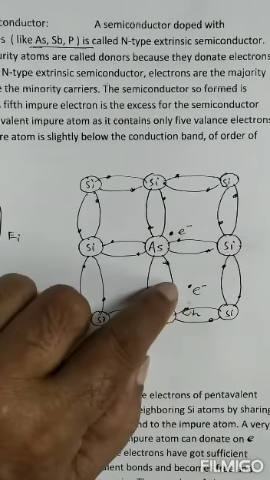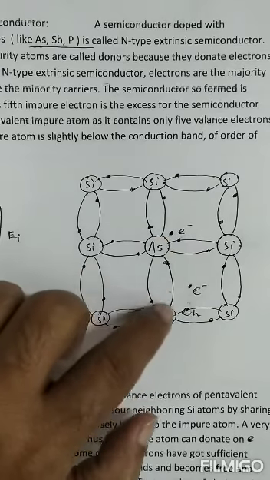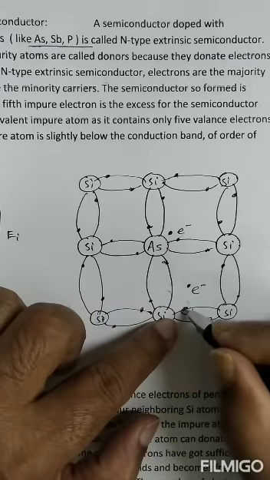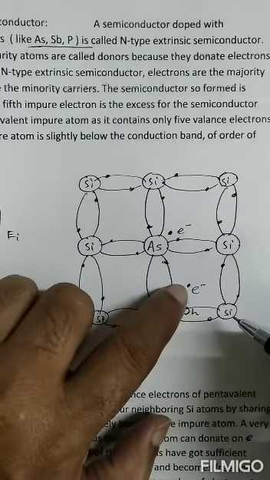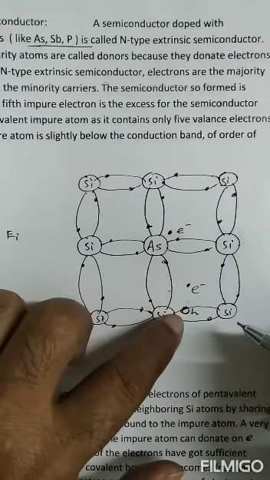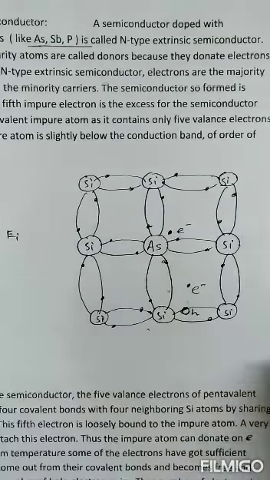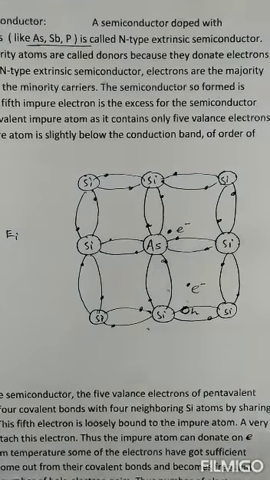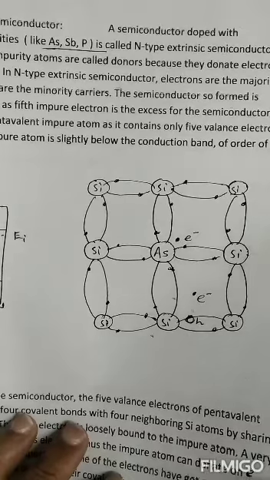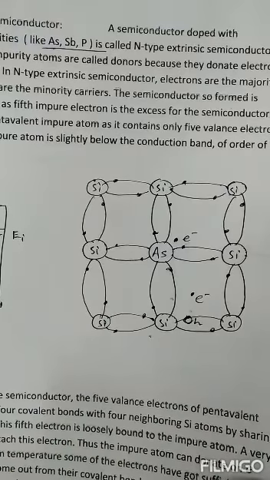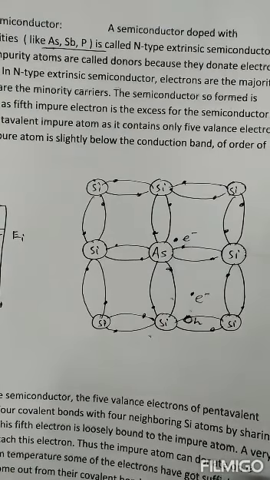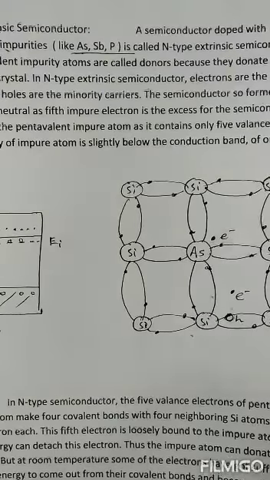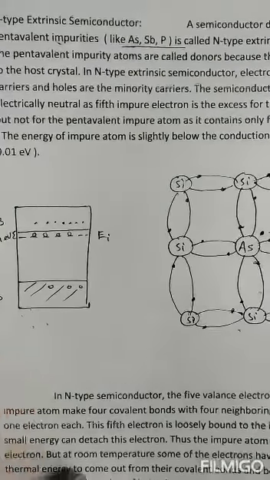So there are 2 free electrons and 1 hole. Therefore, the number of charge carriers of electrons is more than the number of charge carriers of holes. Since the number of electrons is more, it is called an n-type semiconductor.